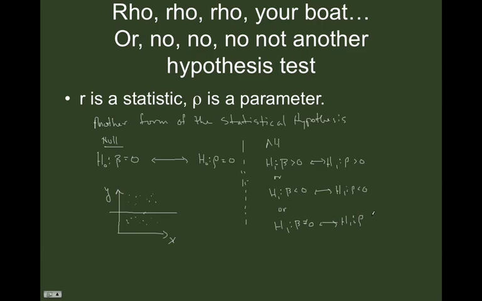And again, if you recall the output we looked at on the TI earlier, the hypothesis test the TI does is in terms of both beta and rho. And the two hypothesis tests are equivalent to each other. It depends on your point of view. I like to look at the slope because the slope is the rate of change of the variables.